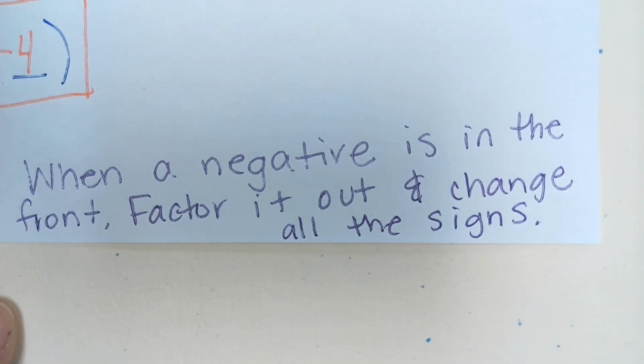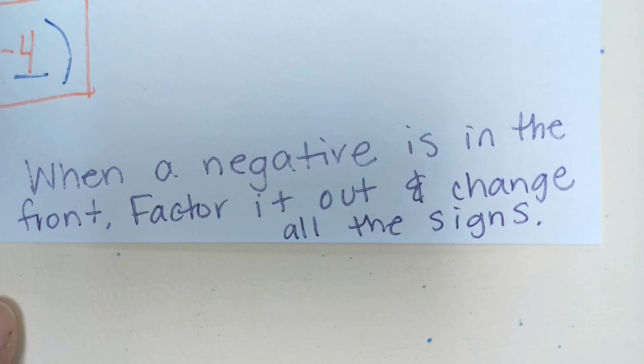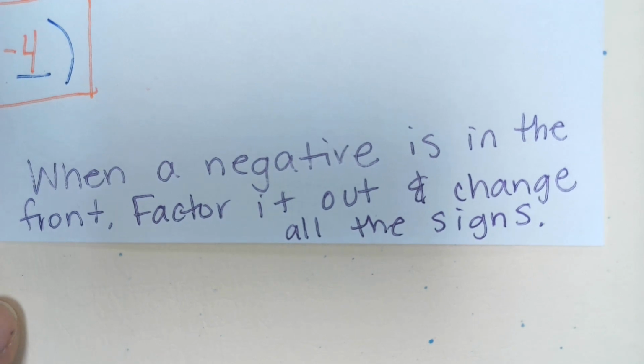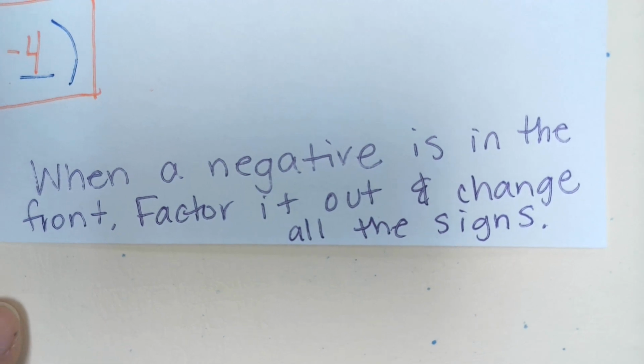When a negative is in the front, factor it out and change the sign. So what I mean by factor it out is you're going to pull it out and put it up front with the GCF. So that's just a rule. For some reason, we just have rules in math that we need to follow to make sure that we factor it correctly. So that's just one of those things that you got to do in the very beginning.